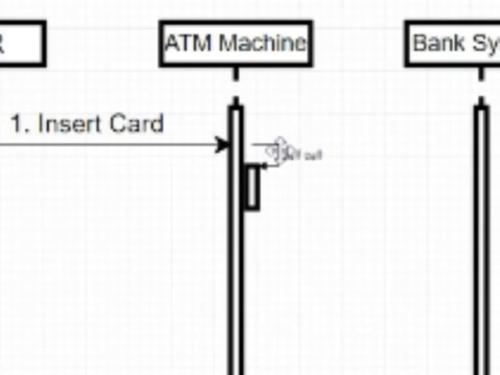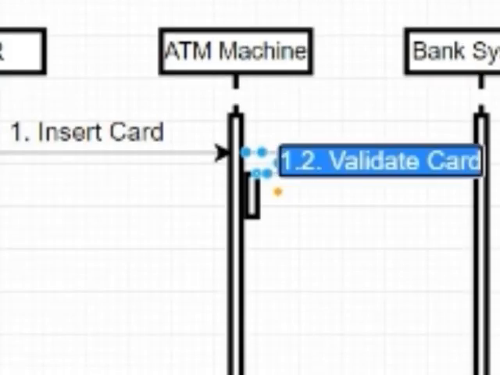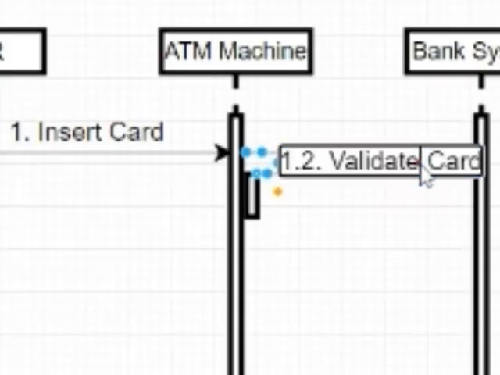This time I'll put a description here, which is 1.2, referring to the card, a continuation of the card: validate card. The card needs to be checked first, whether maybe it's a broken card. That's why it requires to be validated.